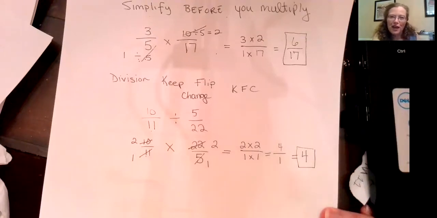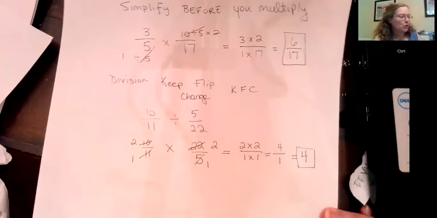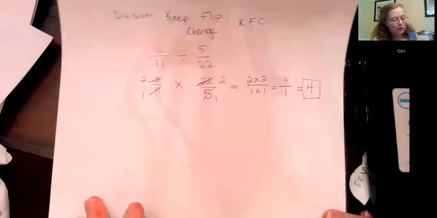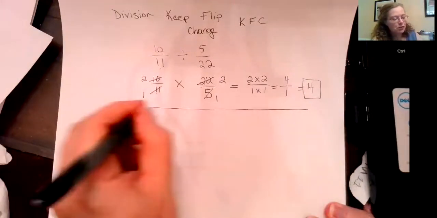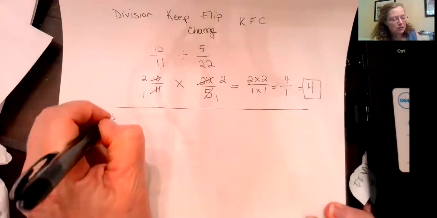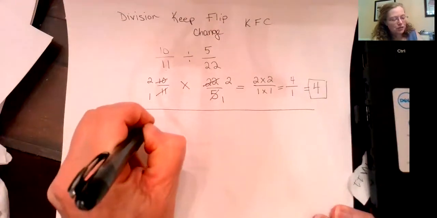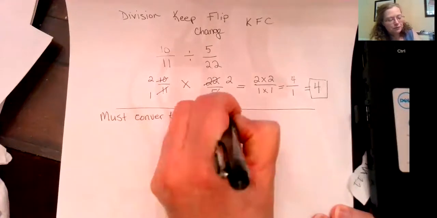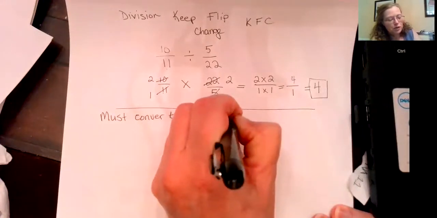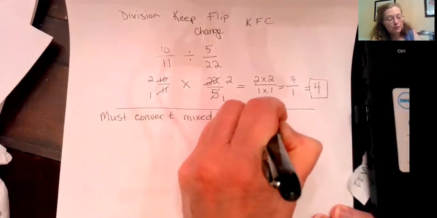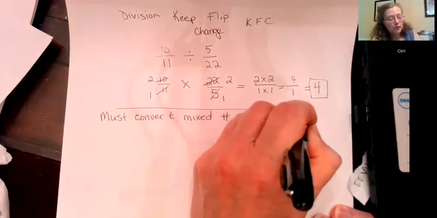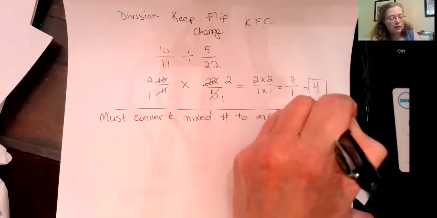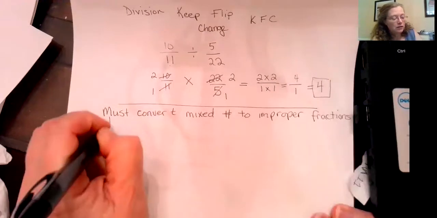What do we do if we have mixed numbers and we want to multiply those? Well, unfortunately, you must convert your mixed numbers to improper fractions before you can multiply or divide.